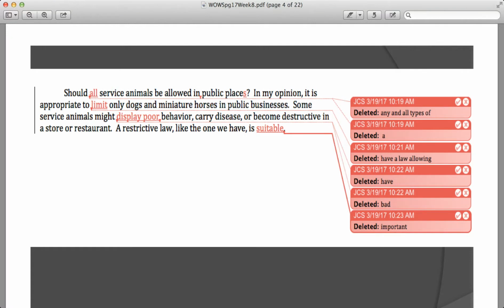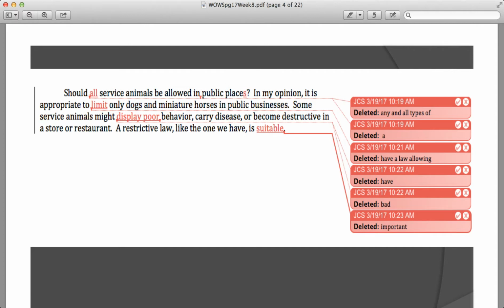All right, so it did say, in my opinion, it is appropriate to have a law allowing only dogs and miniature horses. I realized with one word, I could take out 4. So again, I took something out, and instead of allowing, I had put in limit. So I substituted a word, I made a word choice, a word change there. In my opinion, it is appropriate to limit only dogs and miniature horses in public businesses.